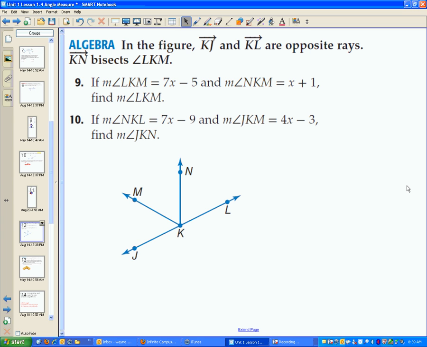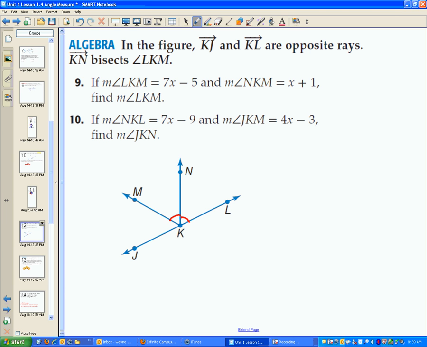All right, so look at angle LKM. It's this one. That gets bisected by ray KN. Now, we know that a bisector divides an angle into 2 congruent angles, or it divides an angle into 2 equal halves. So we know that those 2 angles, and you use the little arcs, when I put that arc there and then that arc there, that means those 2 angles are congruent.